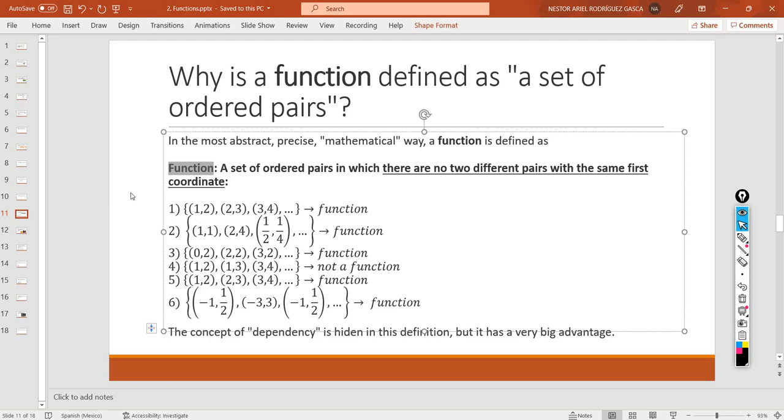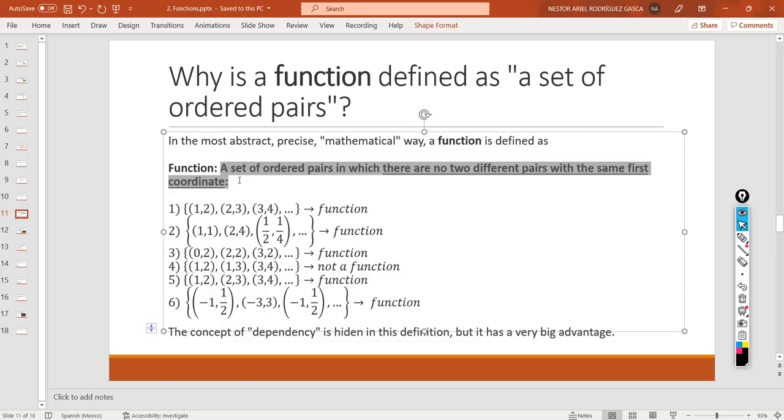And that's very understandable for a human being, right? If I tell you, you know what, guys, a function is a set of ordered pairs in which there are no two different pairs with the same first coordinate, this sounds extremely abstract. It sounds weird.